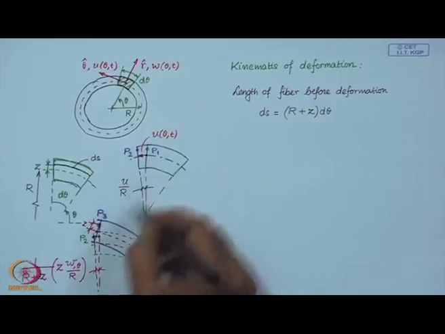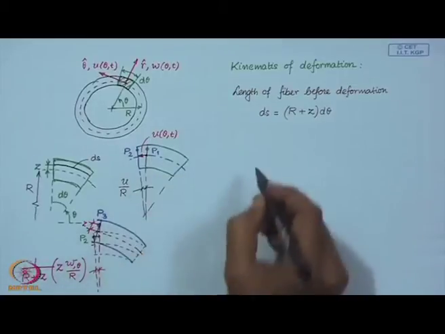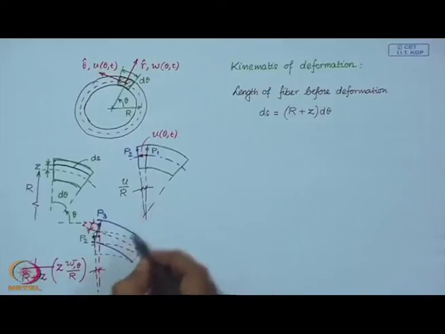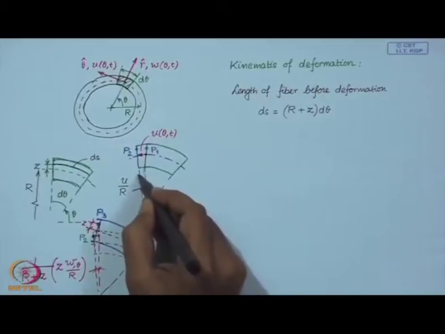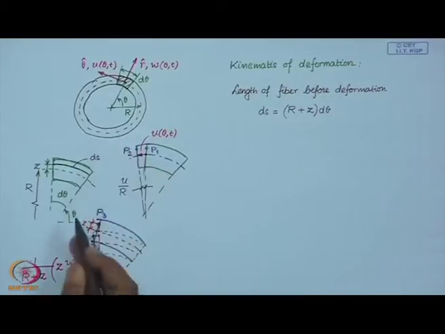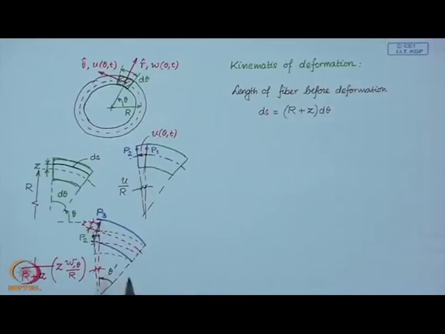So, therefore, now when you combine these two deflections, then the total angle. This line went from here to here, and now this line has travelled back. So, this angle, let us say, is theta prime.